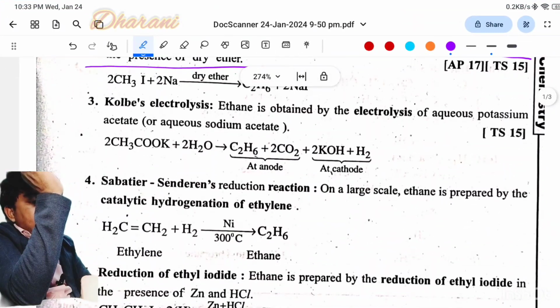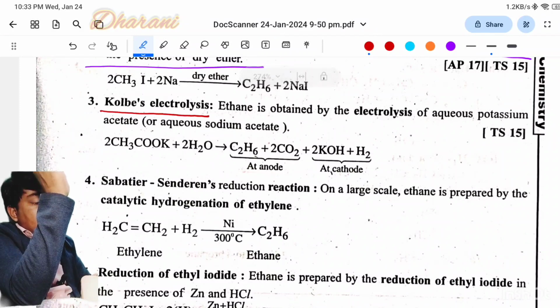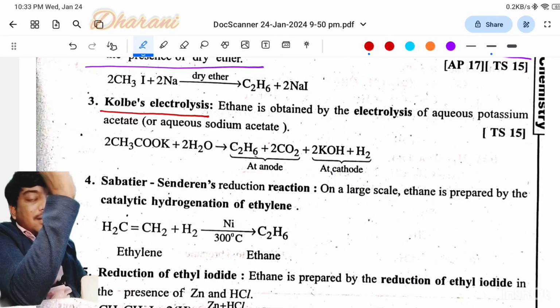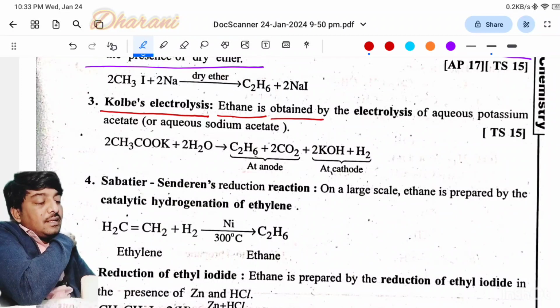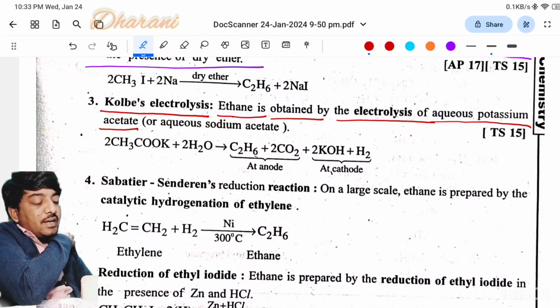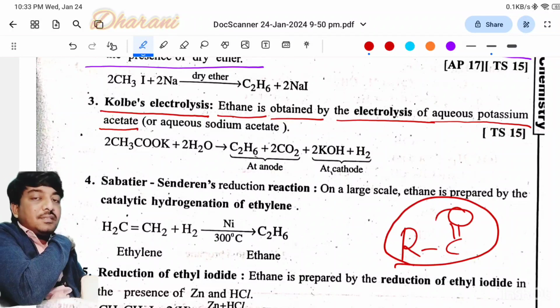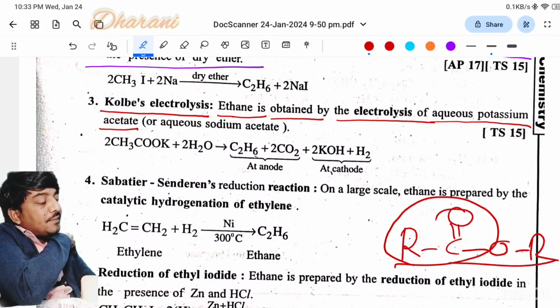The next process, Kolbe's electrolysis. Ethane is obtained by the electrolysis of aqueous potassium acetate. Acetate means RC double bond O, and it is an ester.